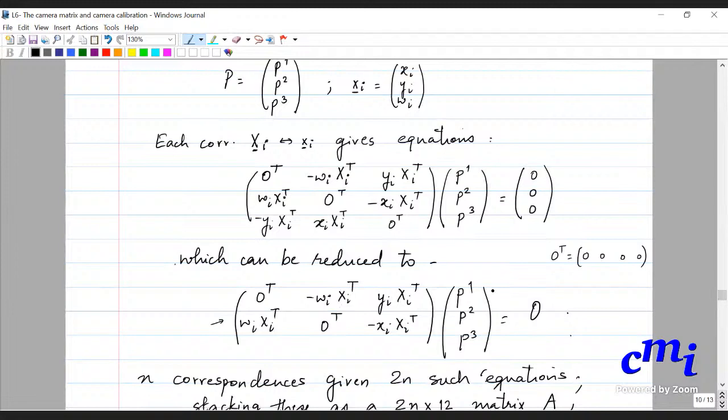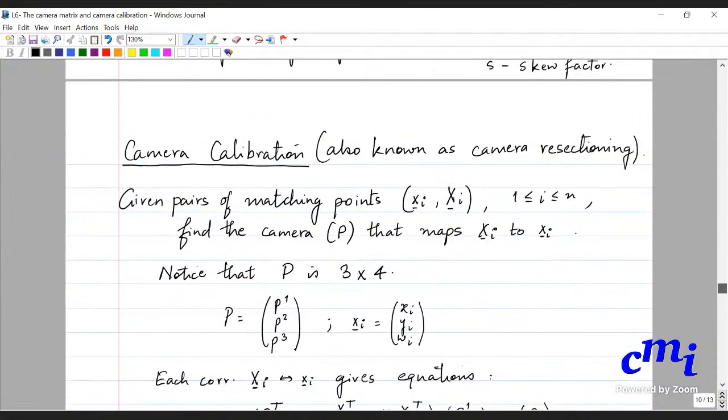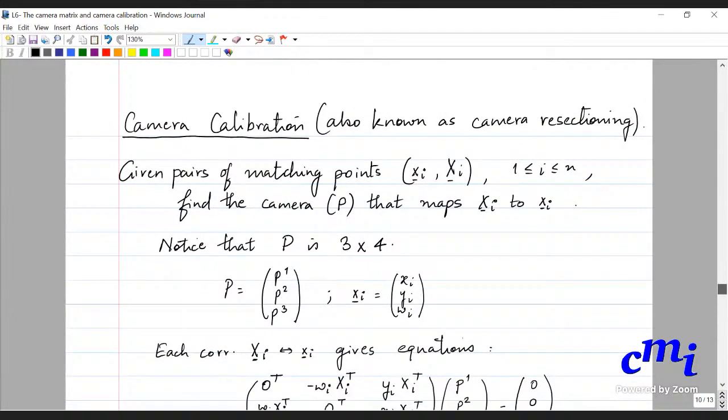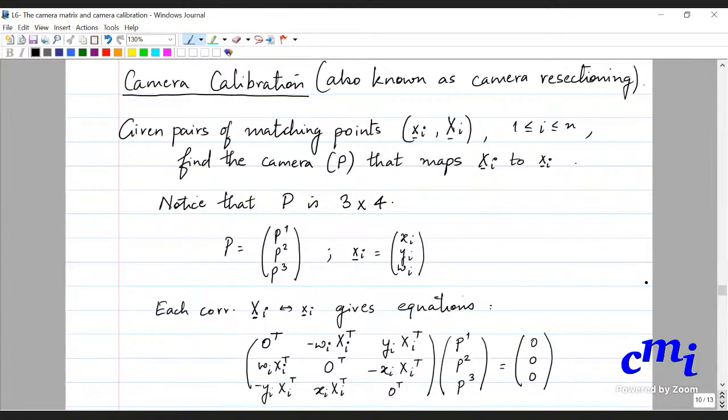Now if you want to estimate those 11 parameters, these are only two equations from one pair of matching points, so how many pairs of matching points will we require? 6 will give you 12 equations. To be very strict, 5.5 correspondences are sufficient. What do we mean by 5.5?